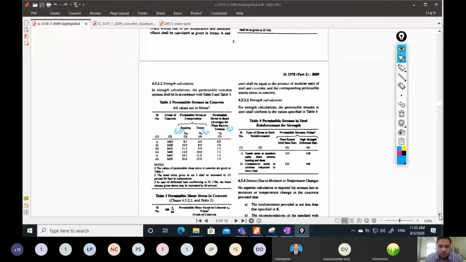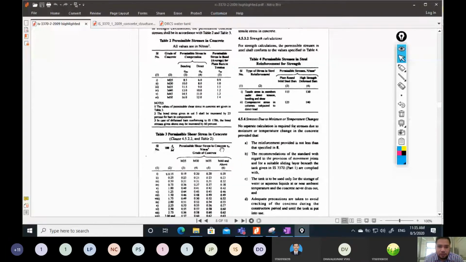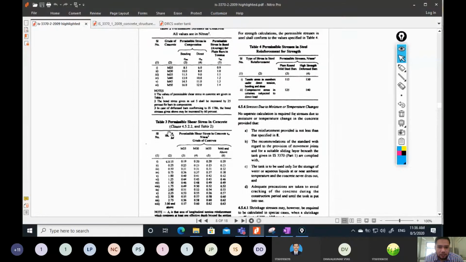Then table 3 gives the permissible shear stress, the value of tau C. The same way you used to find it in the limit state method, here also you have to find the percentage of steel, that is 100 times AS by BD, and for different grades of the concrete you can interpolate to get the value of tau C.